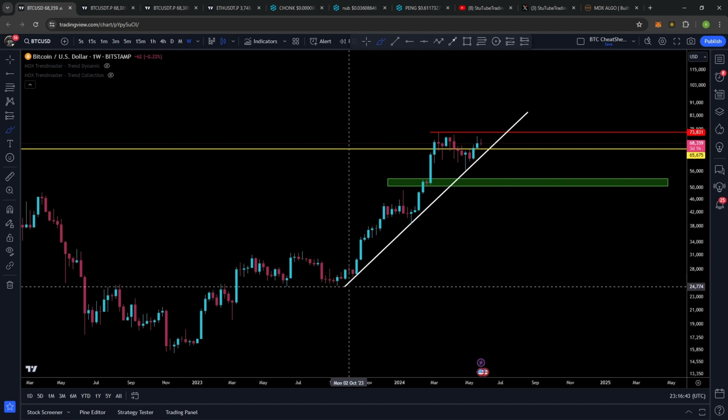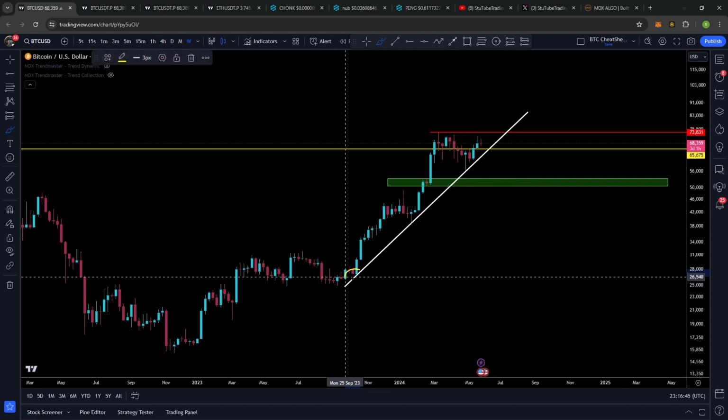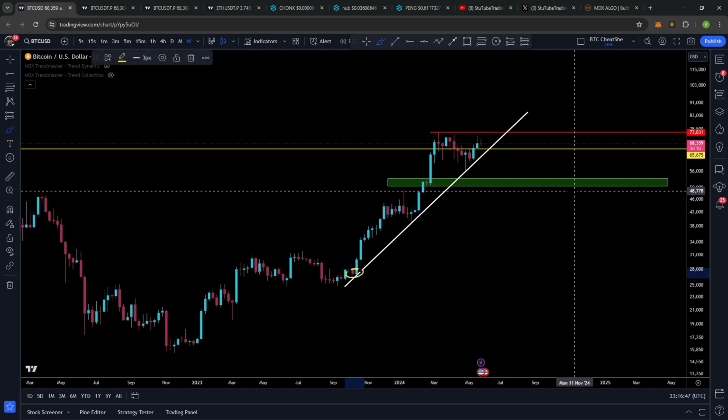So looking at this leg up that we had here, and I know I go over this every week, but when I'm looking at breakout plays and trend lines, what I like to see is 3 exact touch points before a break, before I consider it valid.